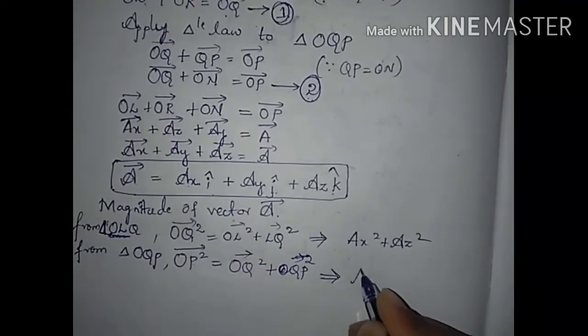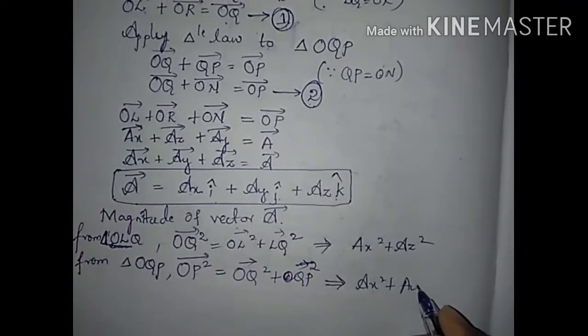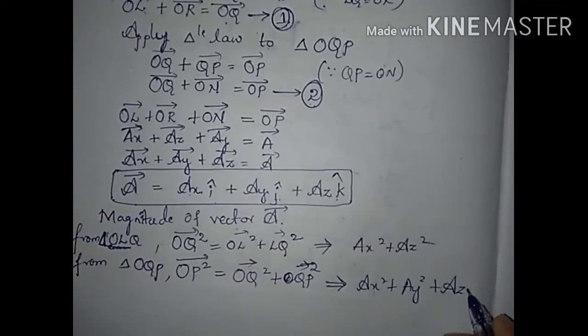And this can be written as what? AX square plus AY square plus AZ square.